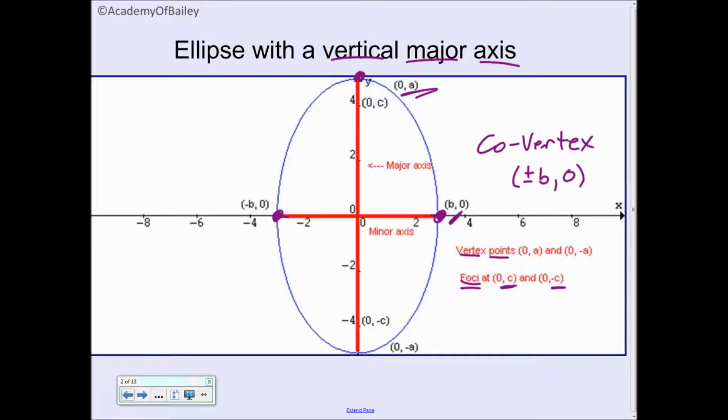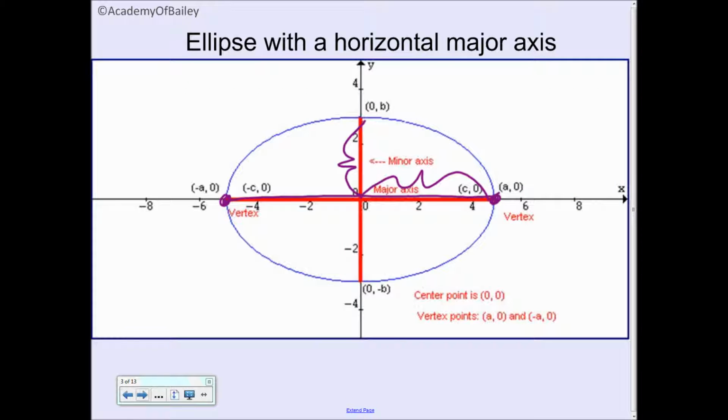Now in this case, once again, the distance of A is still greater than the distance of B. Even though it is a vertical major axis, the distance of A will always be greater than the distance of B when we talk about an ellipse.